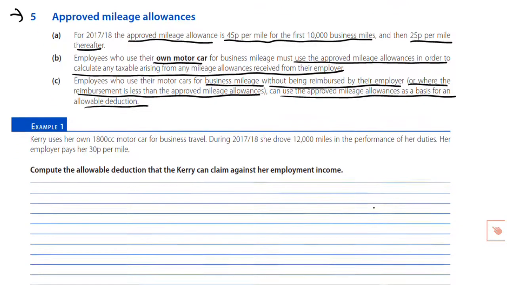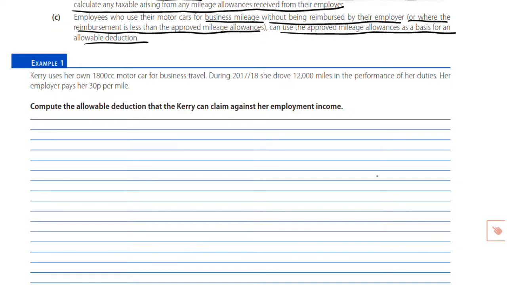Now, as an example here, I'll leave you to do example one for yourself, but let me give you a quick example just to illustrate what we would be doing. We're told that an employee during the year does 14,000 business miles. He or she is a very busy person. 14,000 business miles, and those are reimbursed at a standard rate of 35 pence per mile.